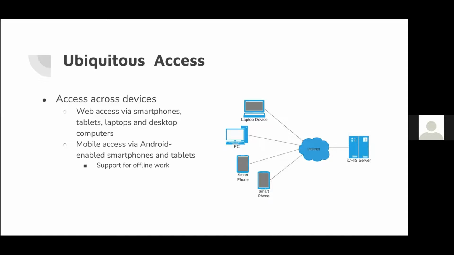You can also use mobile access via Android-enabled smartphones and tablets, work offline, and pass on messages via SMS. That allows ubiquitous access in a context where connectivity is quite intermittent, and allows community workers to access and work with the system.